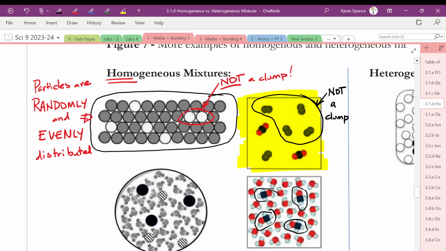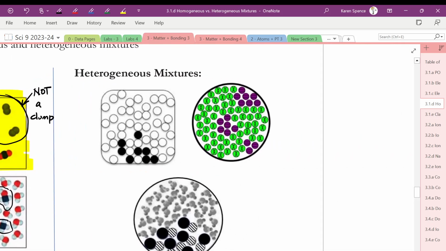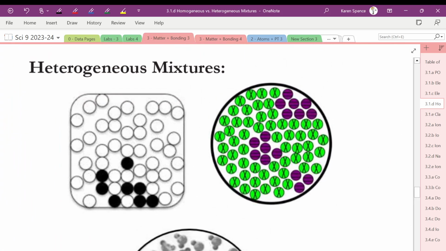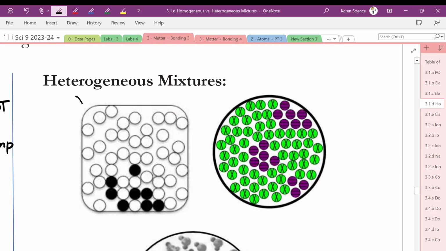Now, if we go across to our heterogeneous substances, you're going to start looking for clumps. So let's go looking for clumps. Do we see a clump of black particles in this diagram? Yeah, kind of down here, there's a black clumpish area.